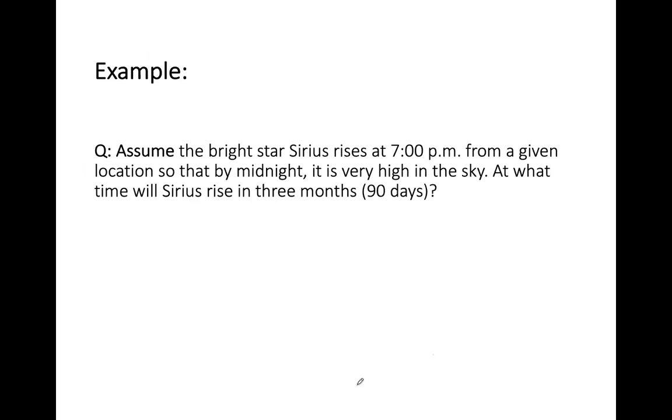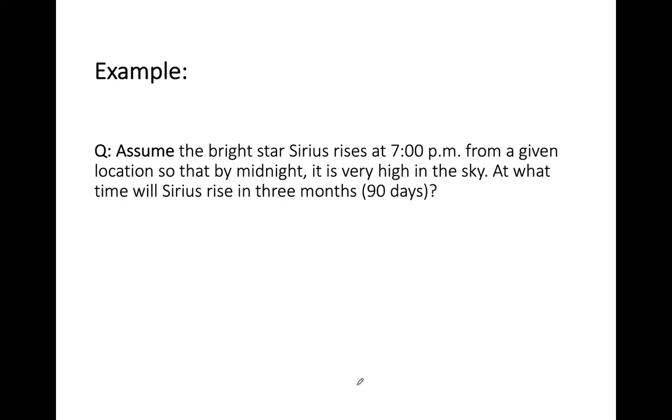Sirius is one of these bright stars. It is going to rise at 7 p.m. from the horizon, which means after 4 or 5 hours, when it is close to midnight, it will be very close to above your head, very close to the zenith, right? The zenith we talked about last time, right? Zenith is the point directly above your head.